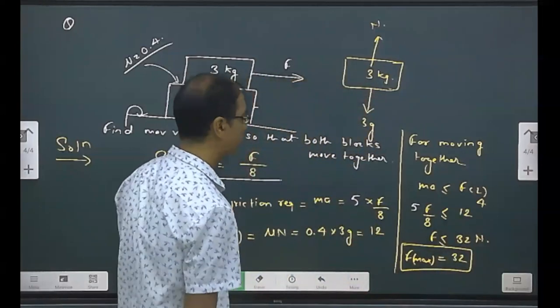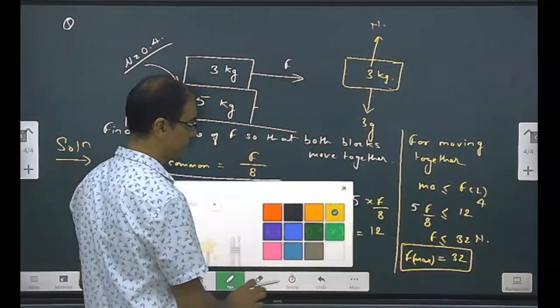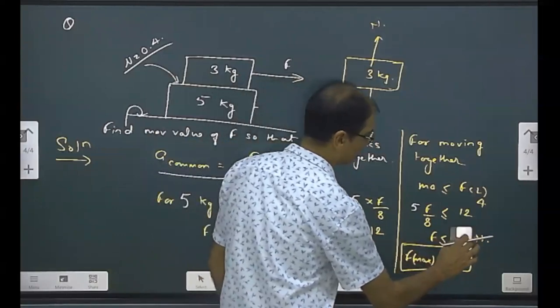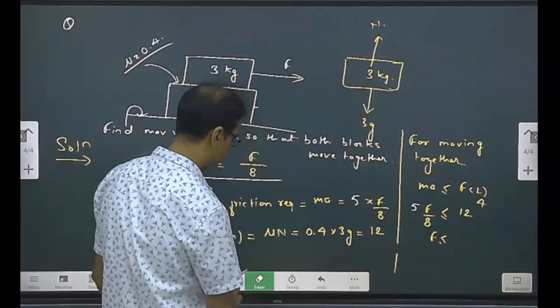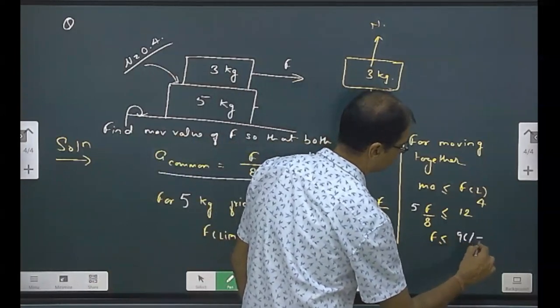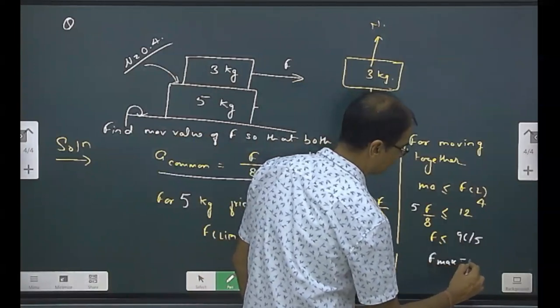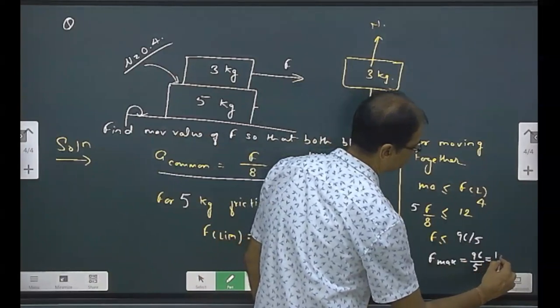So F will be less or equal to 96 by 5. That's it. That's our answer. That means maximum value is 96 by 5. That is 19.2 Newton.